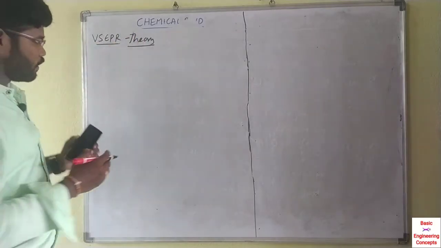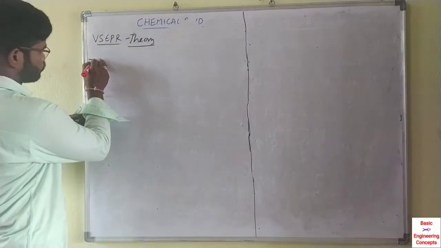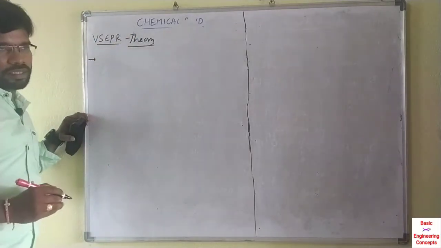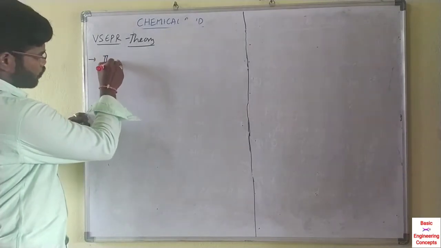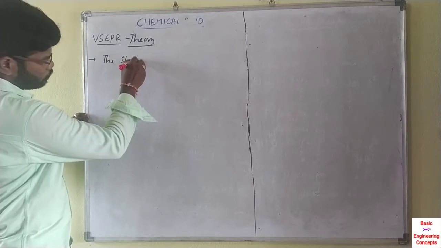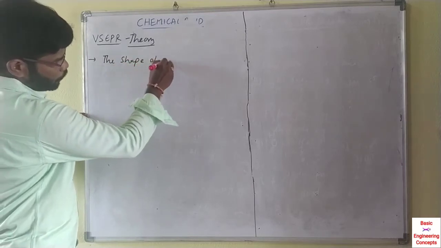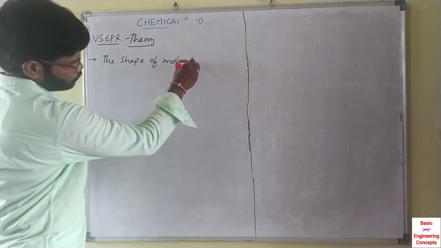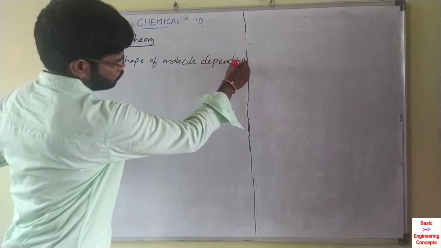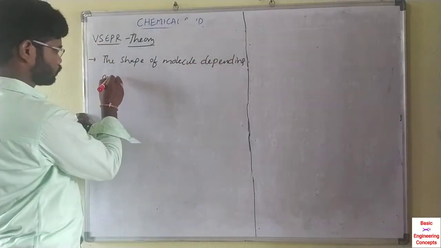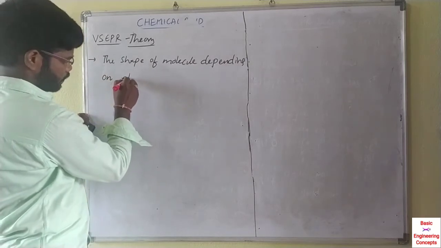VSEPR theory. According to VSEPR theory, the shape of a molecule depends on electron pairs.